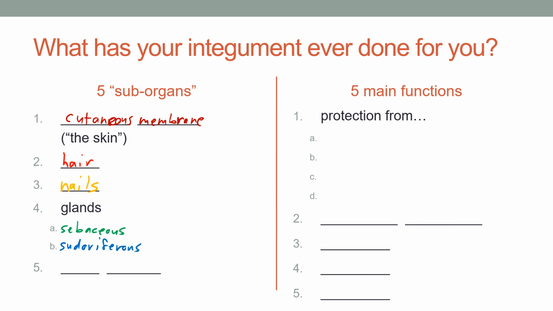Sebum is oil. The sebaceous glands are the ones that maintain the oily coating on the surface of our skin that protects our skin from drying out, has mild antibiotic properties as well, so is a general protectant.